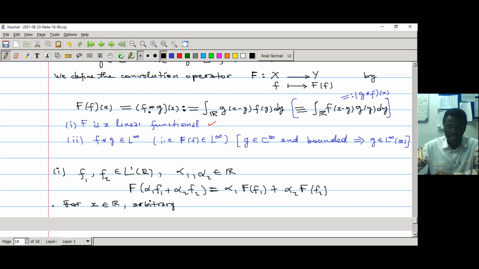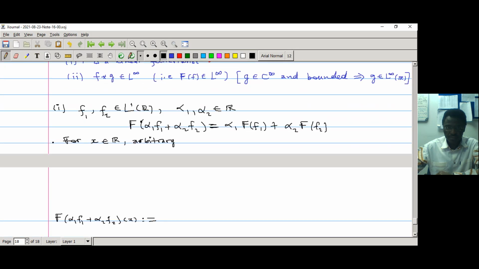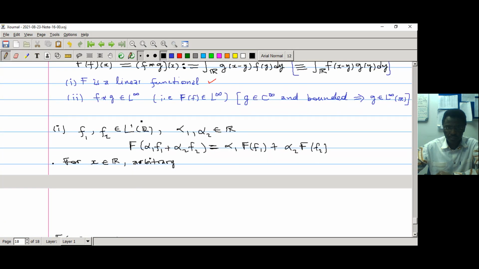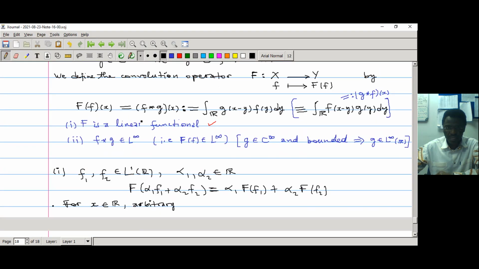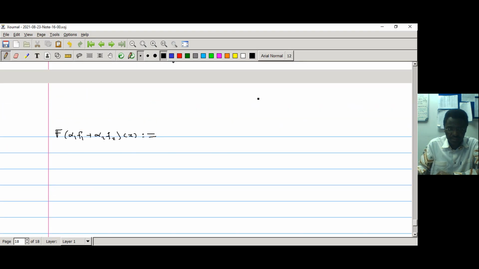You can change the order, so that x star g of x is the same as g star x. Anyway, I can use any order. So this by definition is the integral.